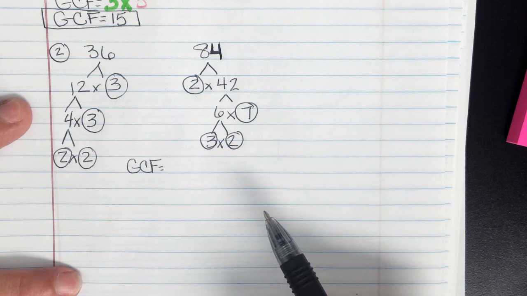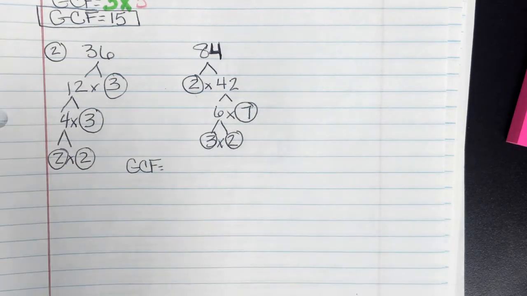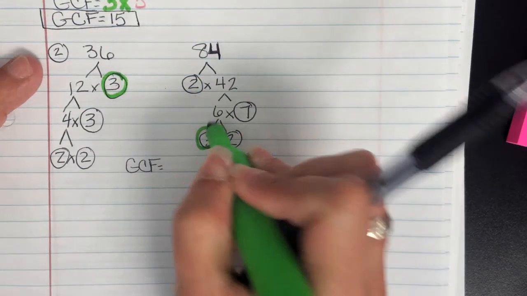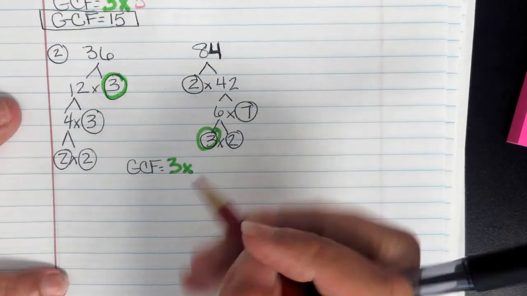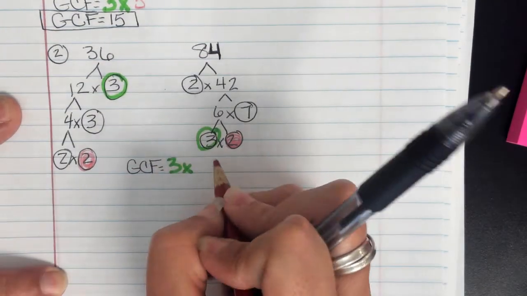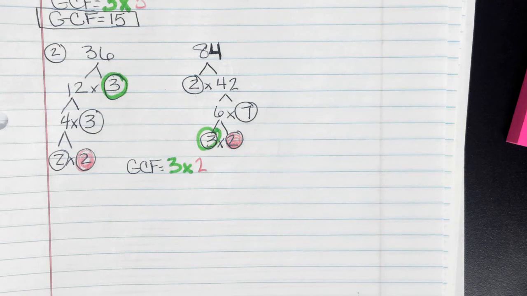Okay? So, if I go through and highlight the ones they have in common, here we go. It doesn't matter which one. I can do this 3 and this 3, as long as I write 3 down there. I can do this 2 and this 2, as long as I write a 2 down there. I'm out of colors.